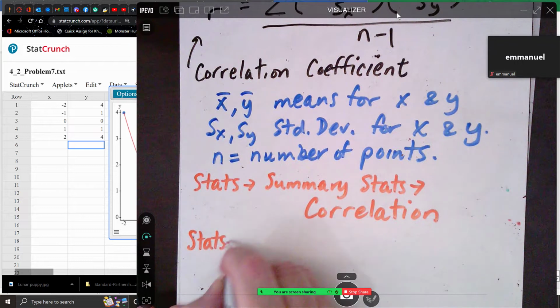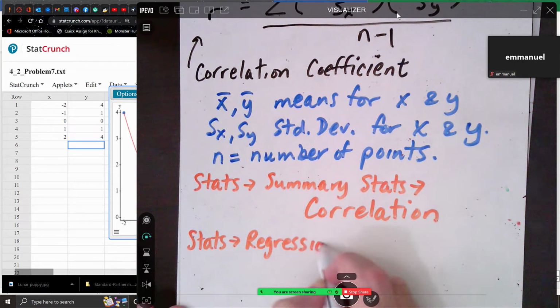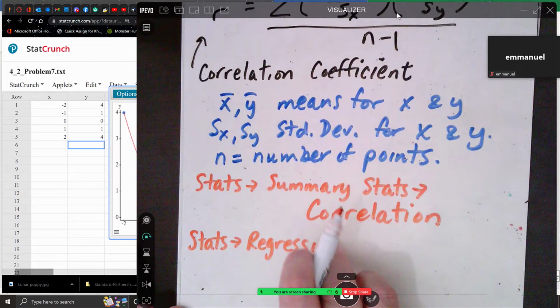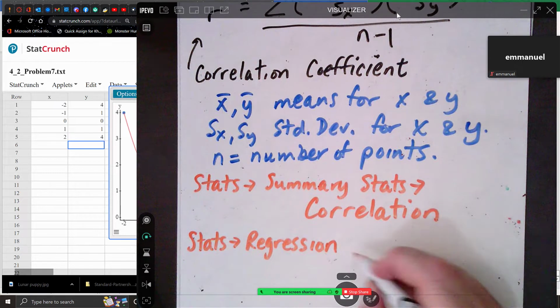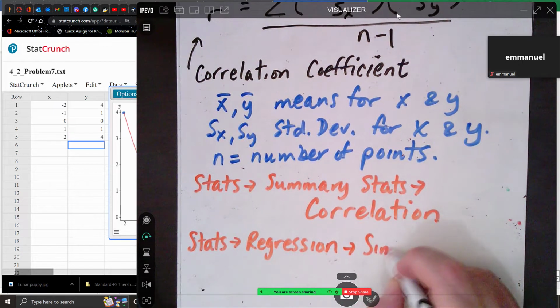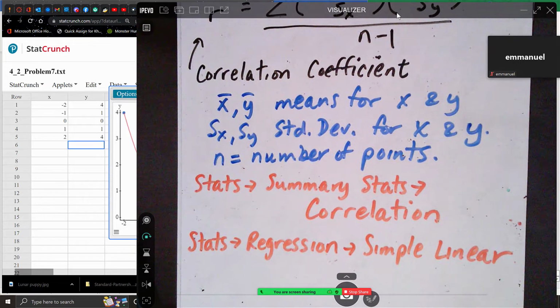Stats, regression, and is it simple? Yeah. Simple linear. The second one's got a lot of info on it. If you only need the correlation statistic, it can be a little distracting to find.